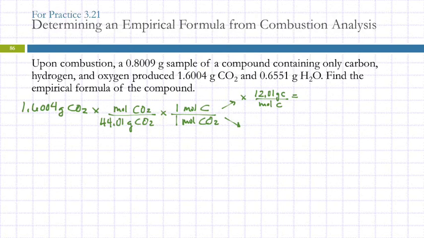So 1.6004 divided by 44.01 times 1 equals, got lost here, that's 0.036364.